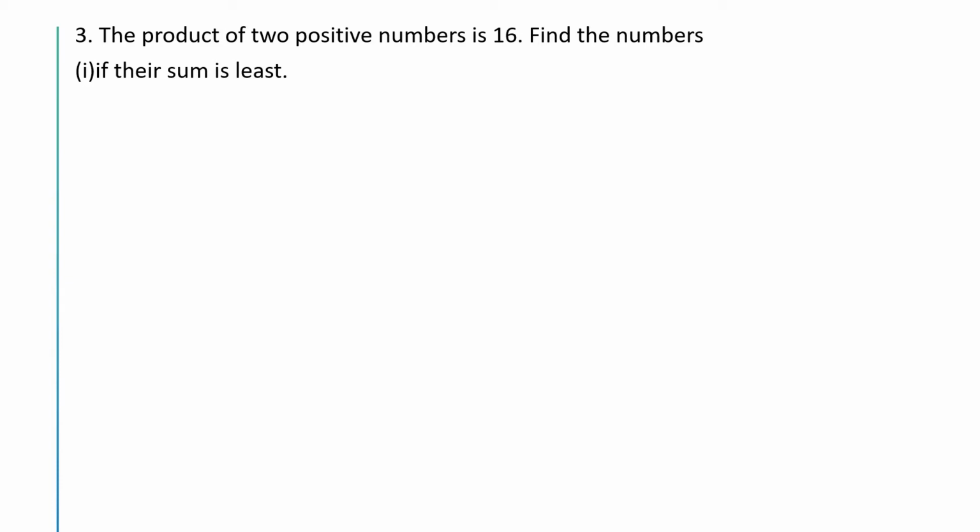Next question. The product of two positive numbers is 16. Find the numbers if their sum is least. So here it is given the product of two positive numbers is 16. We have to find the numbers if their sum is least. So let us consider, let the numbers be x and 16 by x.